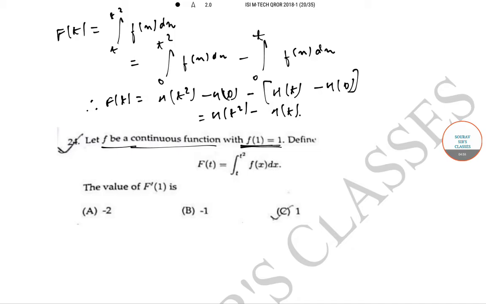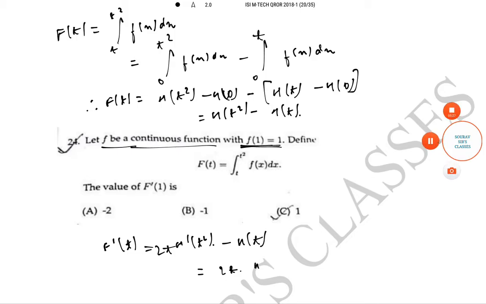Now differentiating with respect to t on both sides, we get F dash (t) is equal to H dash (t squared) into 2t minus H dash (t). So this is equal to 2t into f(t squared) minus f(t).